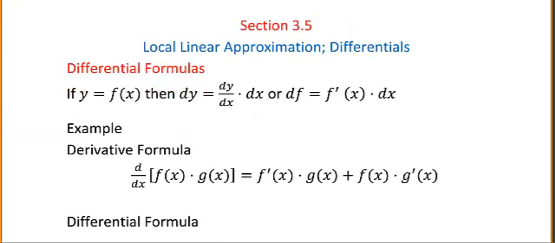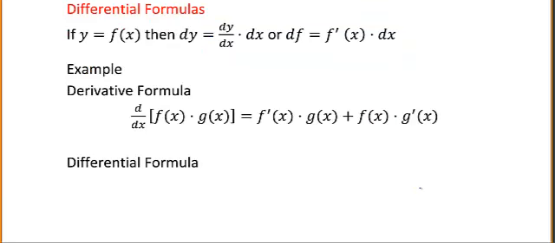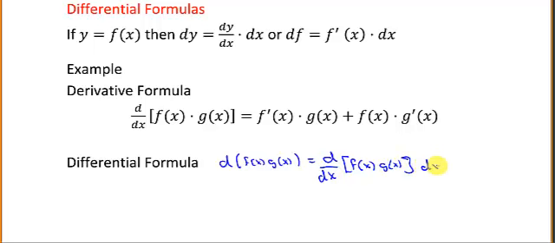This would be the differential form of this derivative formula. Okay, let's take a look at another one. We know that the derivative of the product of f and g is the derivative of f times g plus f times the derivative of g. So the differential of f times g is going to be the derivative with respect to x of f times g times dx.